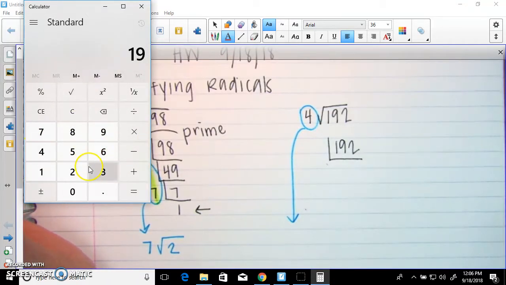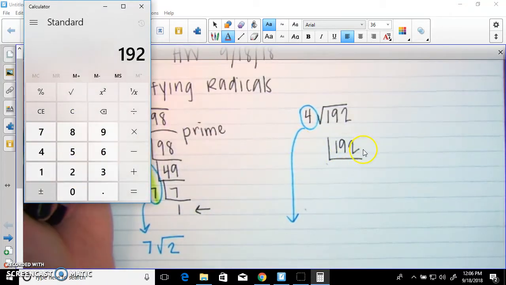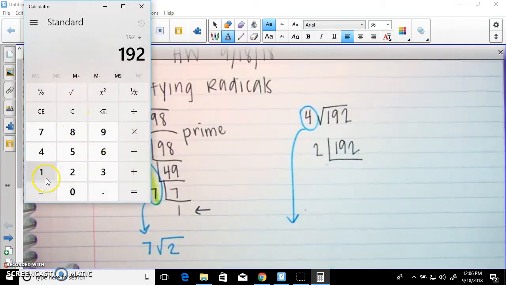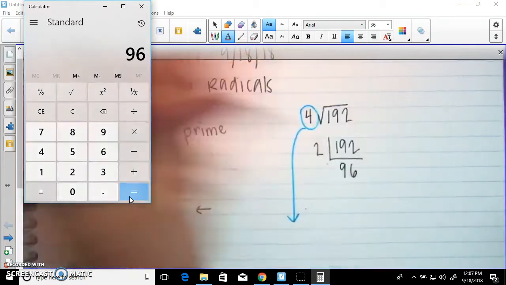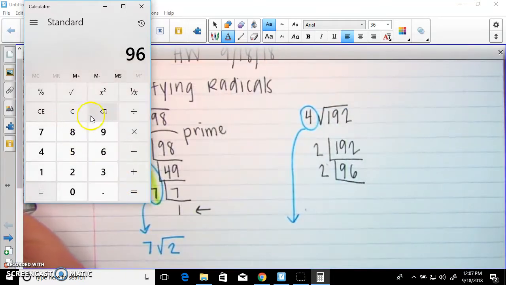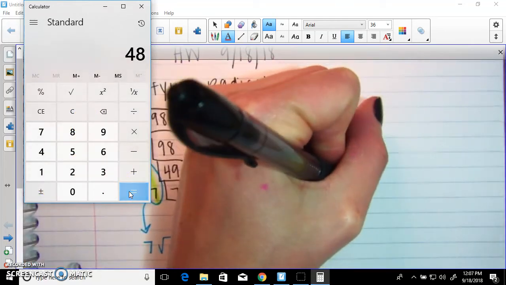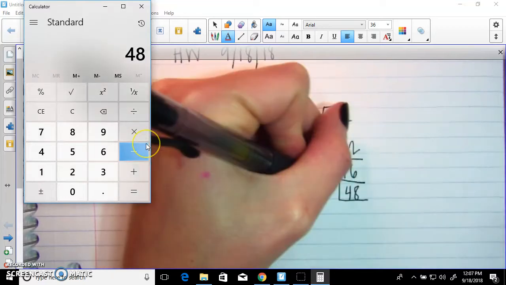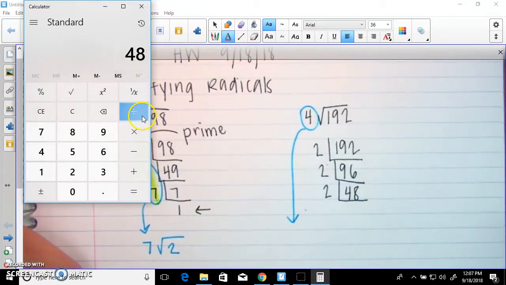Now I brought my calculator up, 192, and again, it's an even number, so we can divide that by 2. So in our calculator, 192 divided by 2 is going to give us 96. 96 again is an even number, so that's divisible by 2. 96 divided by 2, we get 48. We could keep dividing that by 2. Hopefully we don't need a calculator, but it's always good to check.